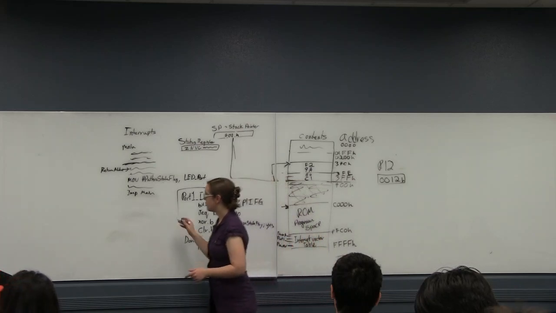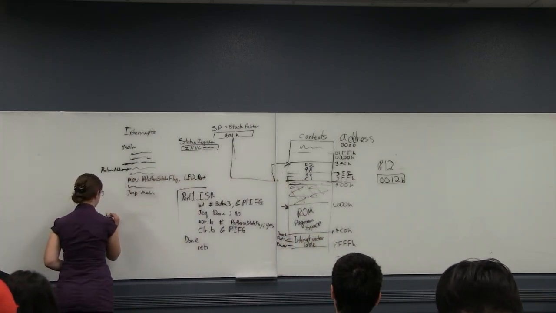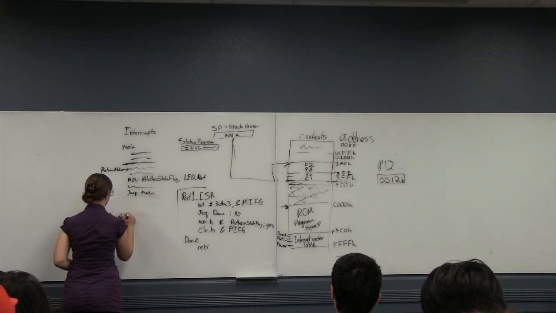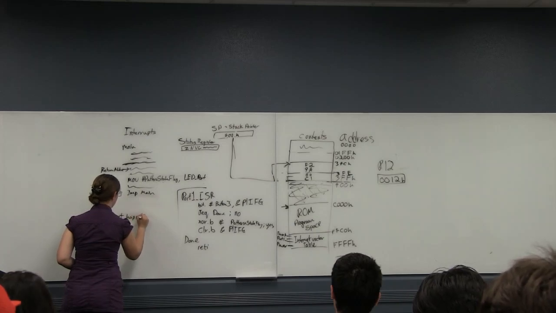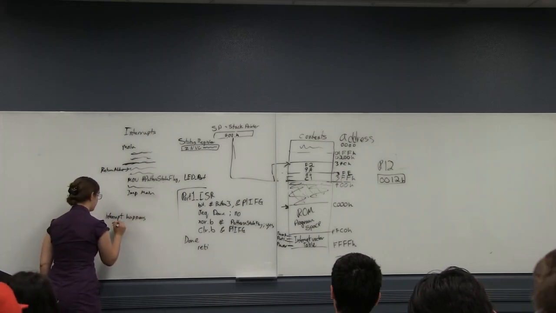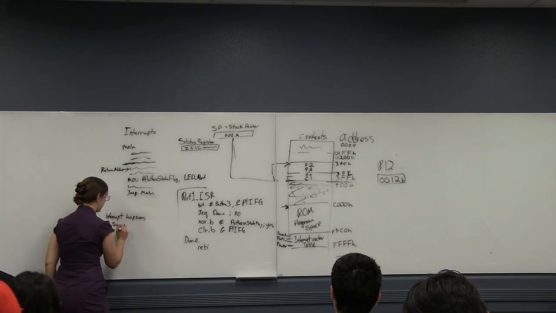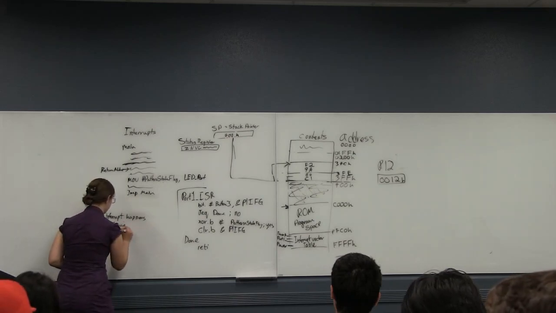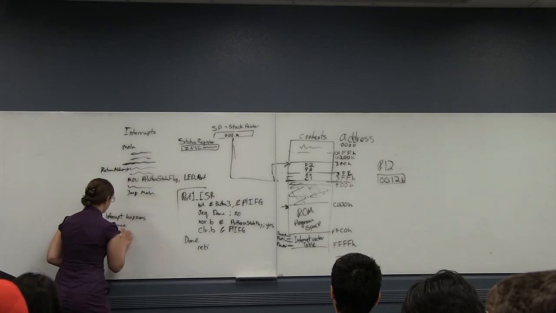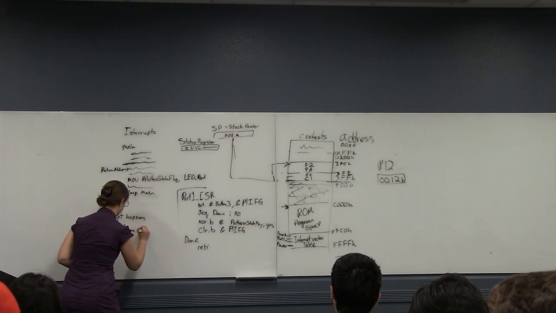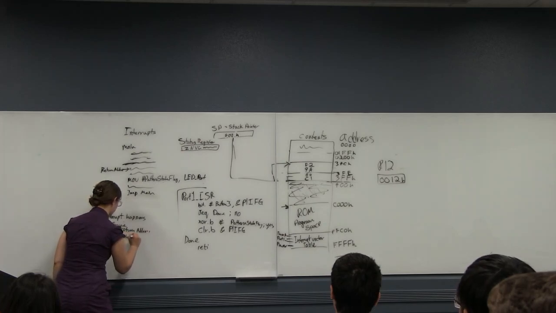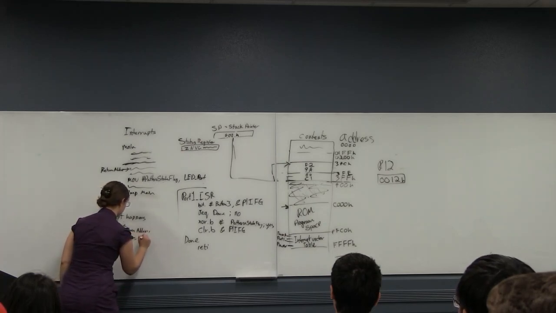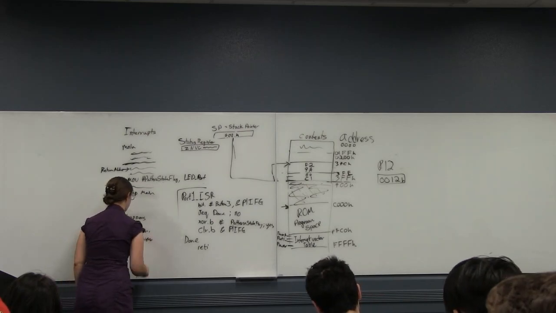When an interrupt happens, you save the program counter for the return address as well as the status register.